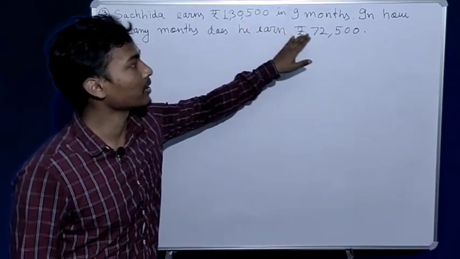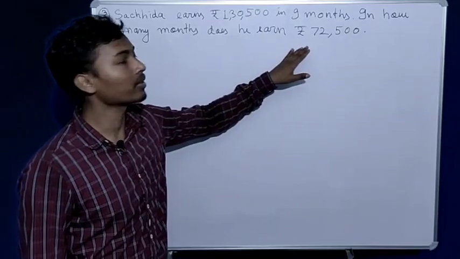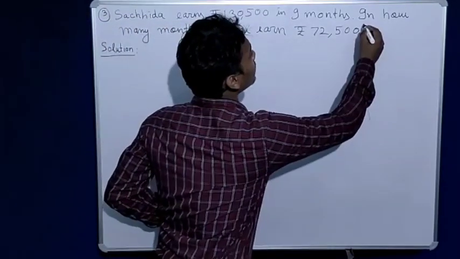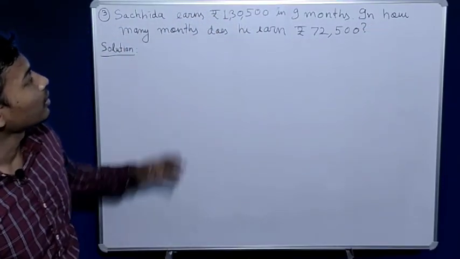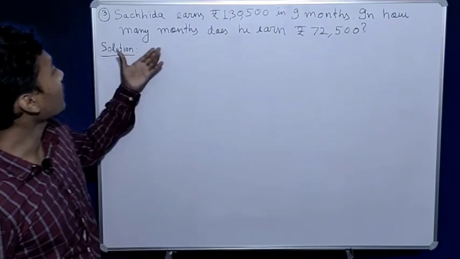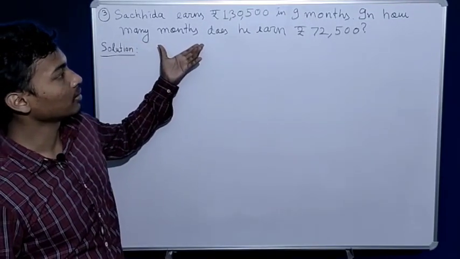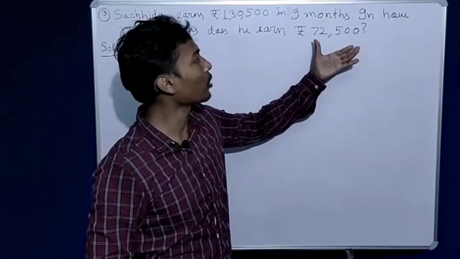Sachida earns rupees 1,30,500 in 9 months. In how many months does he earn rupees 72,500? Now here you can observe that they are asking about the months that will be needed to earn rupees 72,500.